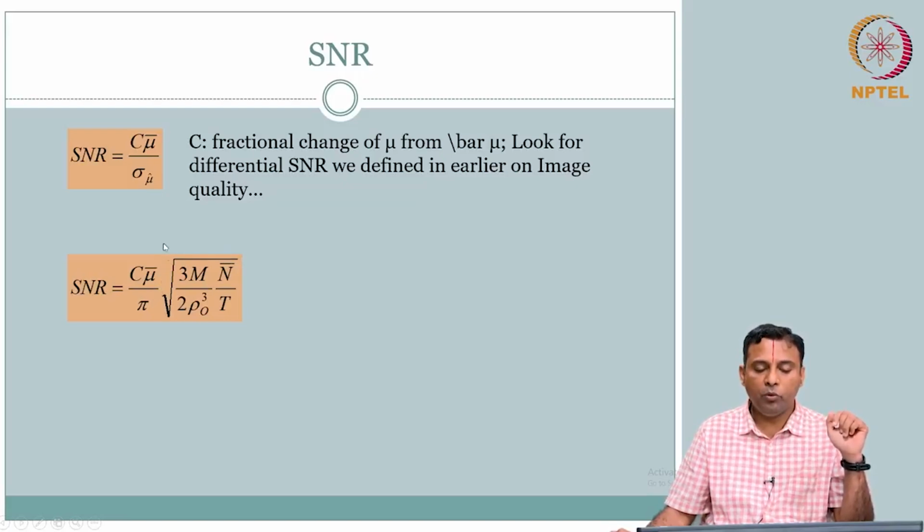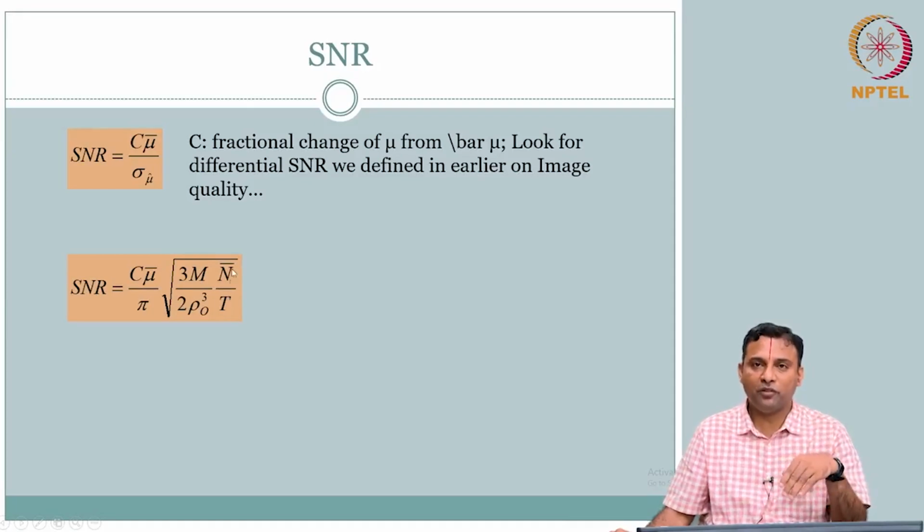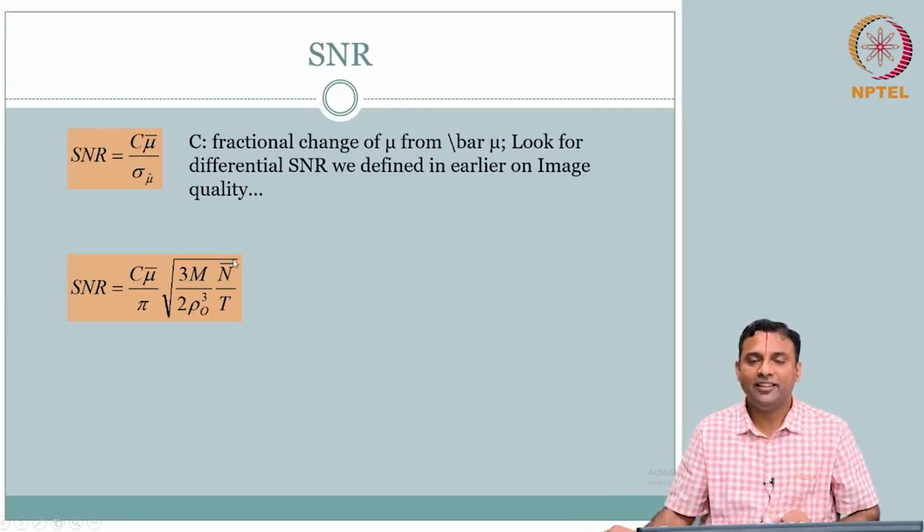So C mu bar by the square root of sigma square, and you get this pi square root of 3 by 2 M by, so whatever was directly proportional, inversely proportional, that's changed slightly here, because we wrote this in the denominator before, at least the way we wrote it.